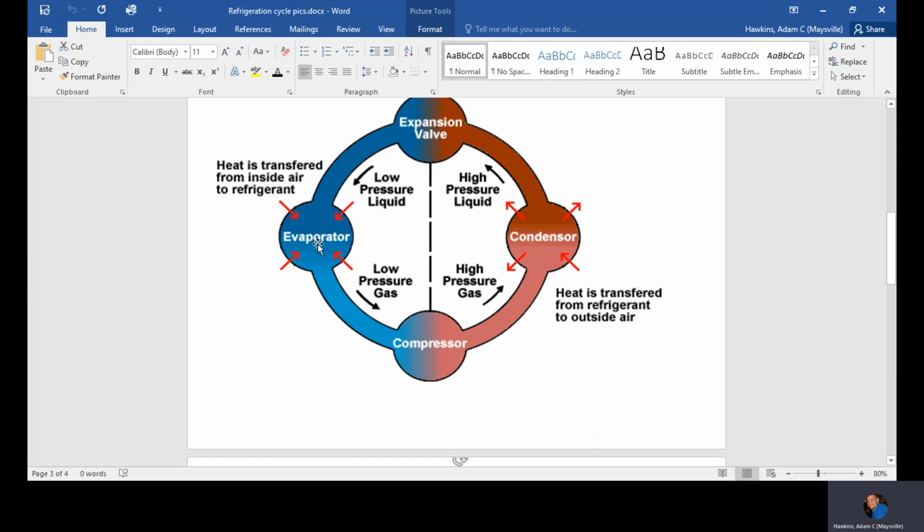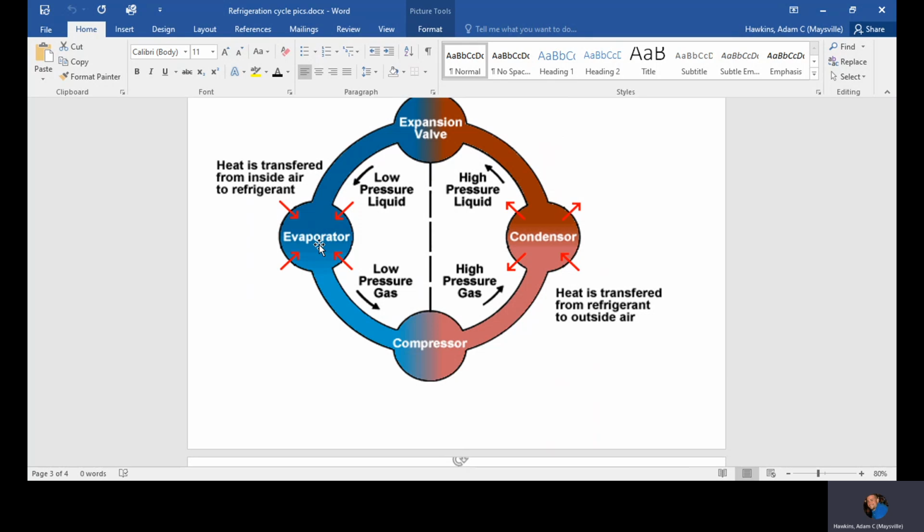It has to be above freezing in an air conditioner in order to avoid freezing water to it because it's attracting moisture as well. And it also has to be going through a latent change. Most of it does. So in order for it to actually catch the most heat, as we've seen in our previous labs, that evaporator has to be going through a latent change of evaporation in order to absorb the most heat.